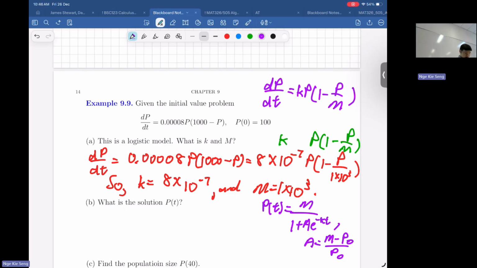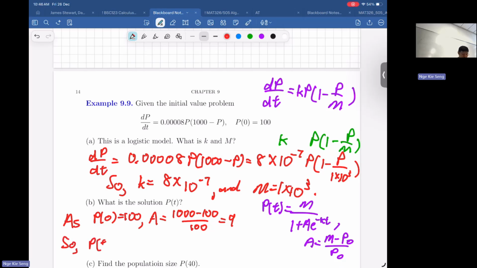So all together, what's our a? Maybe we can compute a. A is just 1000 minus 100 over 100. You get 9. Your a is 9.